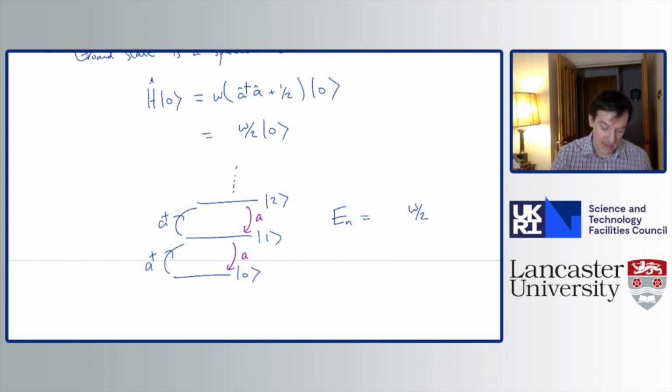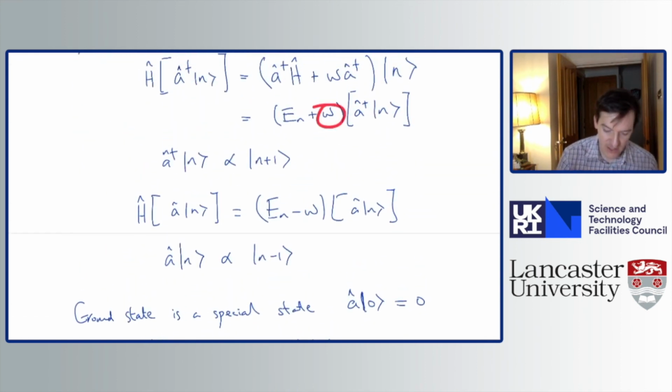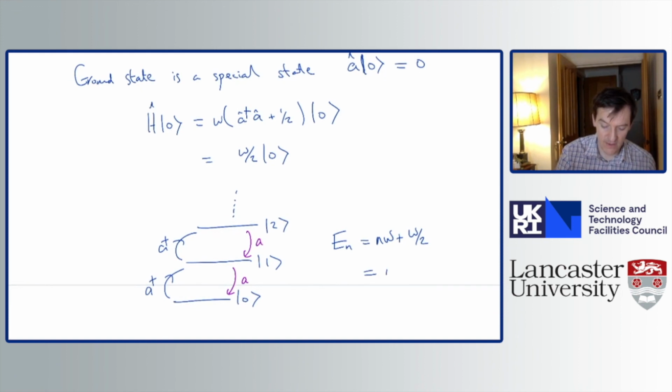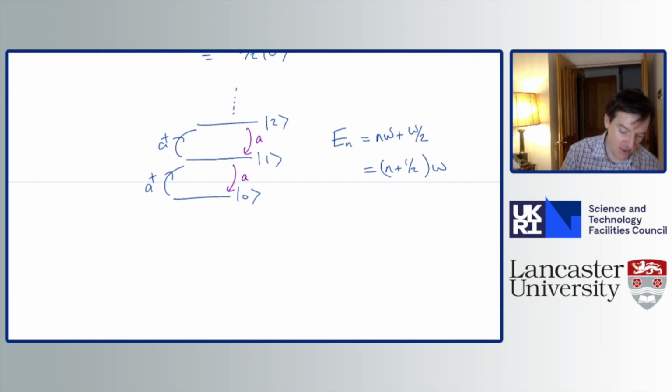As I use these ladder operators, I saw that acting with them changes the energy by an amount omega. Every time I go up with A dagger, I get an extra factor of omega. In general, I'll get n omega plus the ground state energy, normally written as n plus a half times omega. As I said, in general, we can construct any state starting from the ground state.